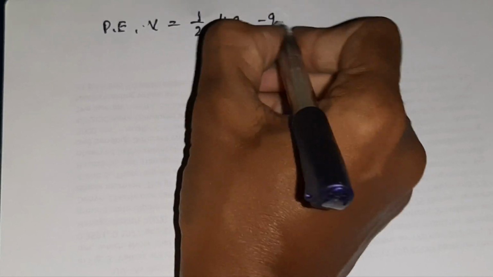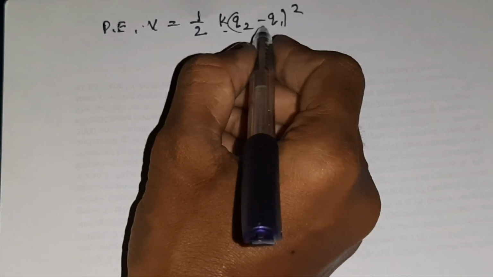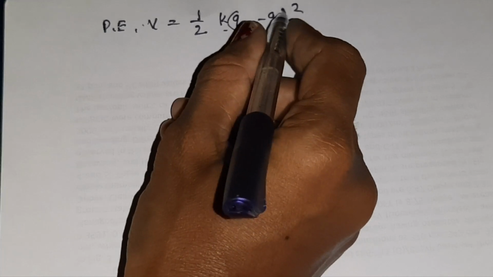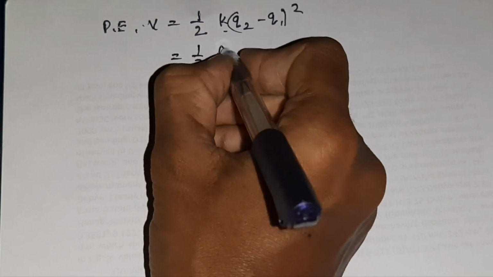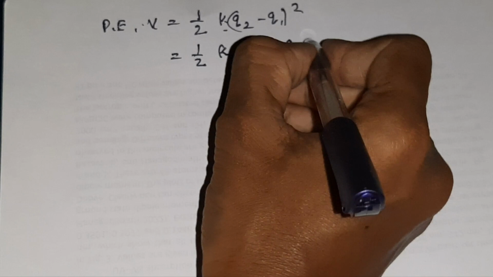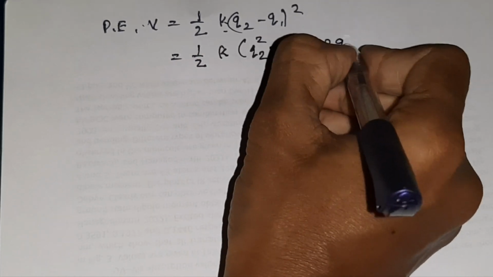The potential energy is given by V equal to half K into (Q2 minus Q1) square, where K is the spring constant and Q2 minus Q1 is the difference of the position coordinates. If we expand it, we have half K into Q1 square plus Q2 square minus 2 Q2 Q1.